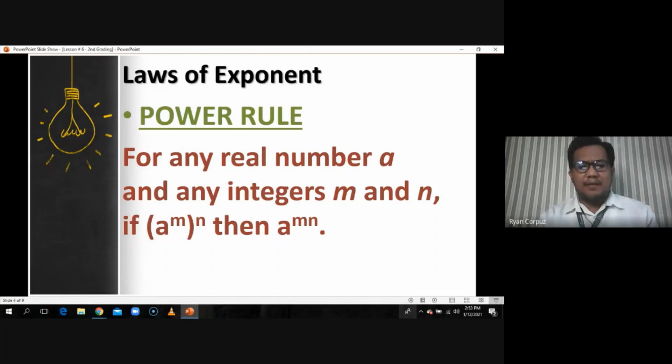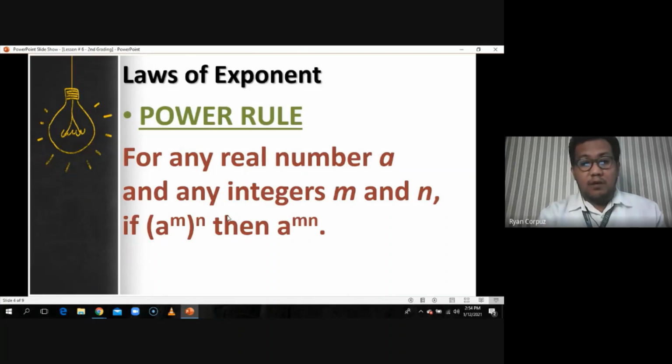So what happened there? So yung power rule, sinasabi lang, if you do have a given expression or a given term that was raised to an exponent and was raised again to another exponent, then all you have to do is to copy the base, then multiply the exponent.